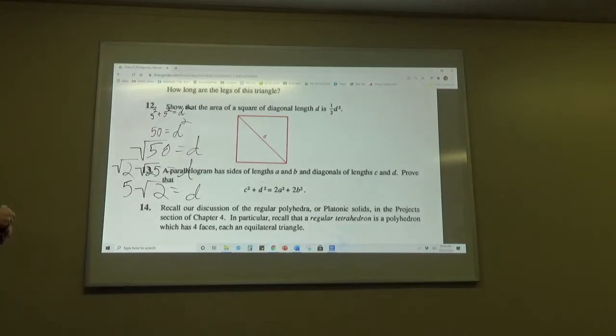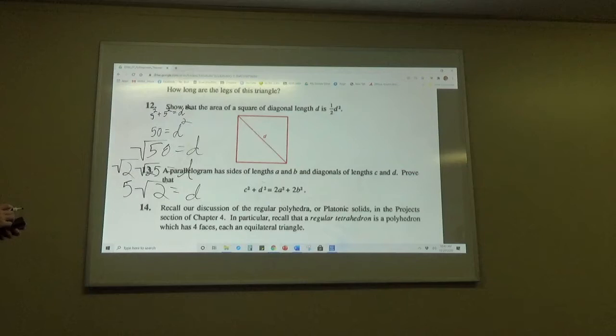So what you have in your example is that the side of 5 was multiplied by the square root of 2 to get the diagonal. See that? Yes.